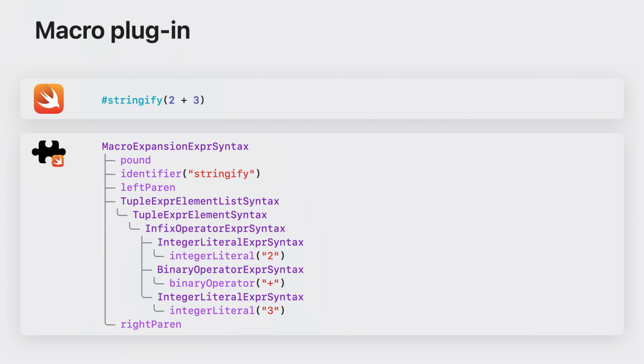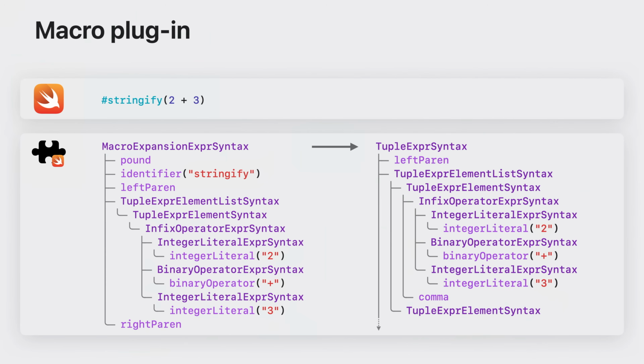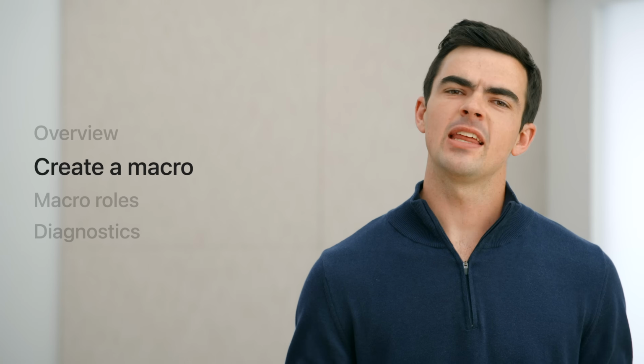What's really powerful about Swift macros is that the macro's implementation is itself a program written in Swift, and it can perform any transformation to the syntax tree it wants. In our case, it generates a tuple, like we saw before. It will then serialize the generated syntax tree into source code again and send it to the compiler, which will replace the macro expression by the expanded code. That's really cool.